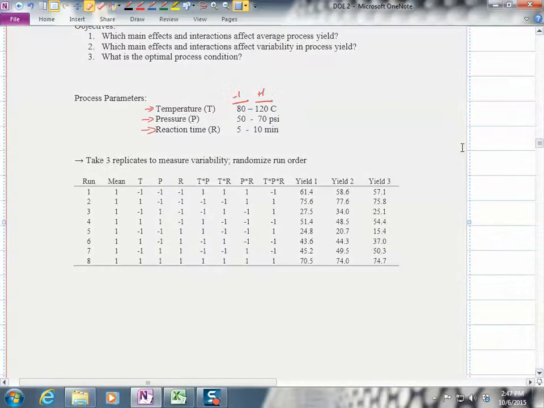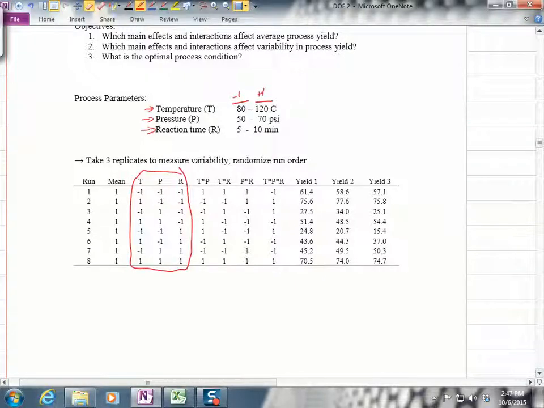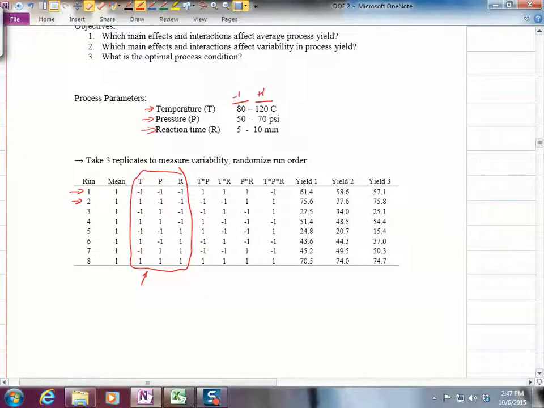So we set up a 2 to the 3rd design. So this is the design table right there. Those are the runs we did. So 8 unique experiments, and each of these experiments we did 3 times.